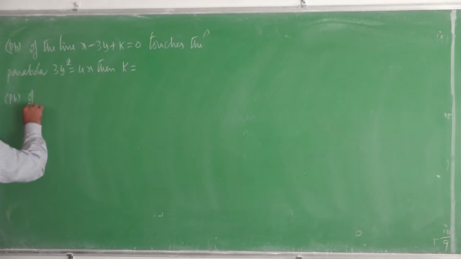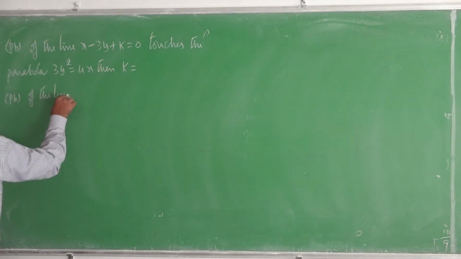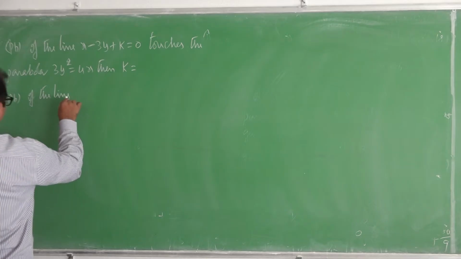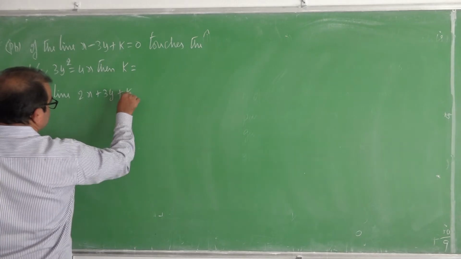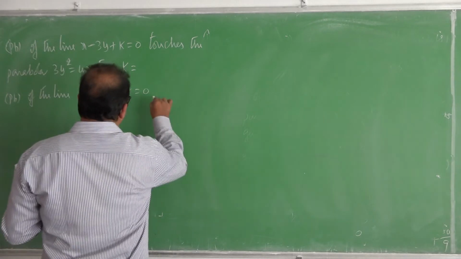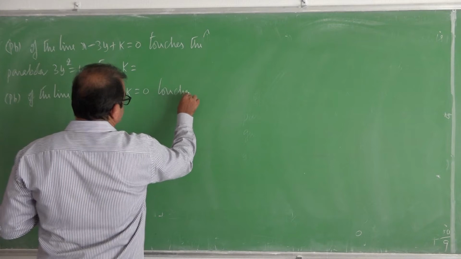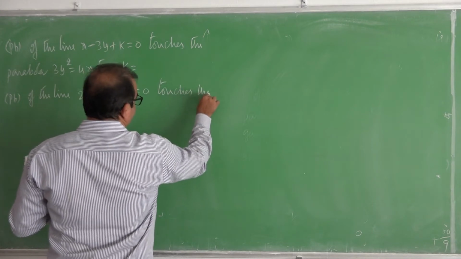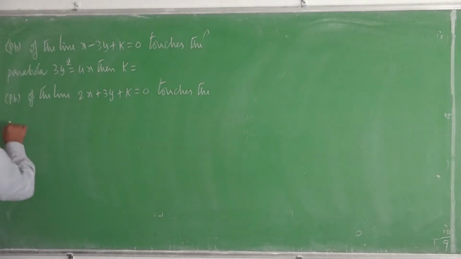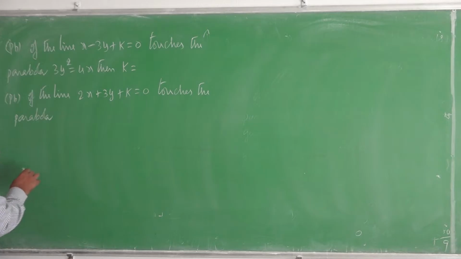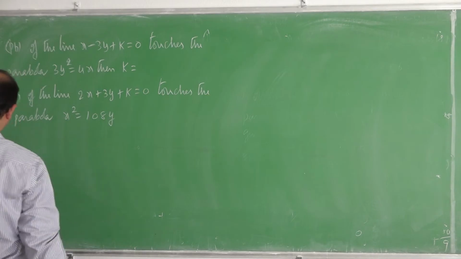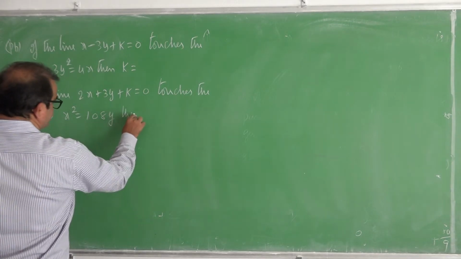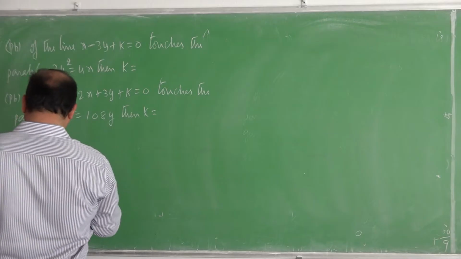If the line 2x plus 3y plus k is equal to 0 touches the parabola x square is equal to 108y, then k is equal to.